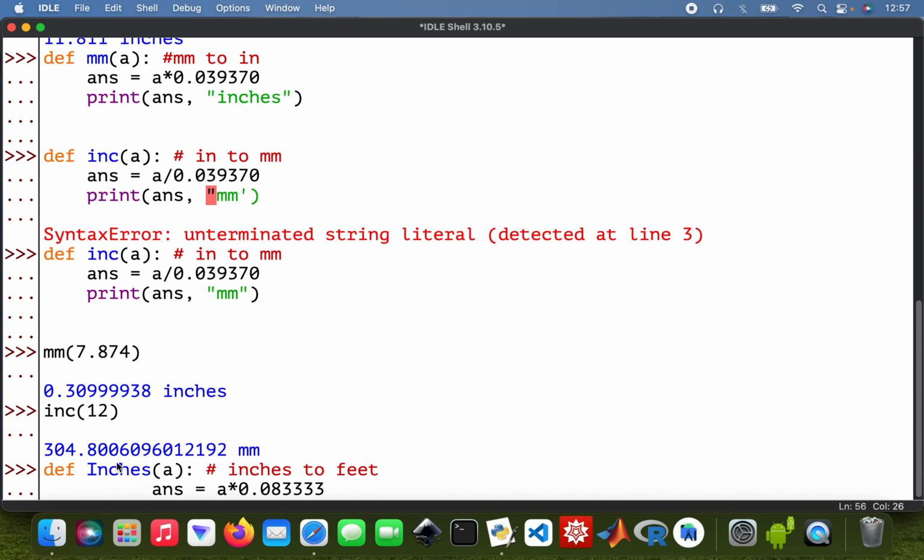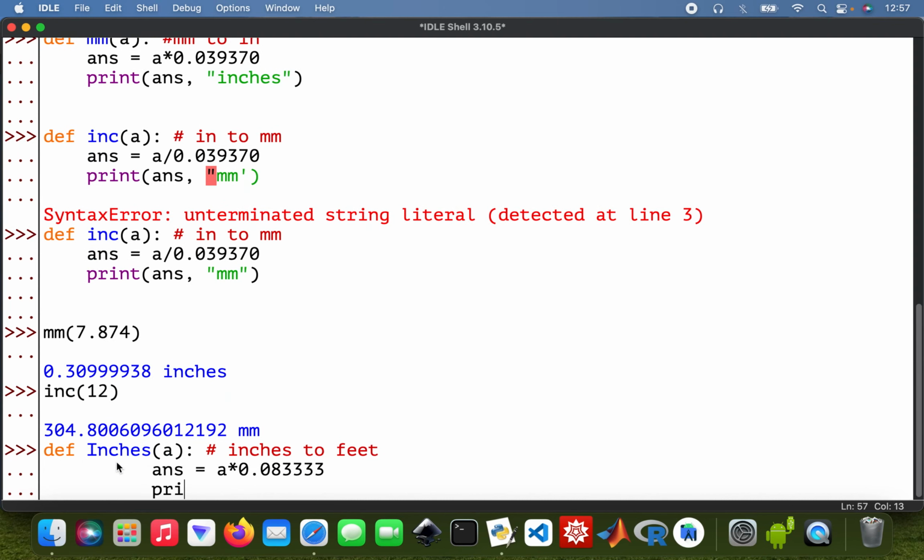Okay, and then I print. That's my feet there.